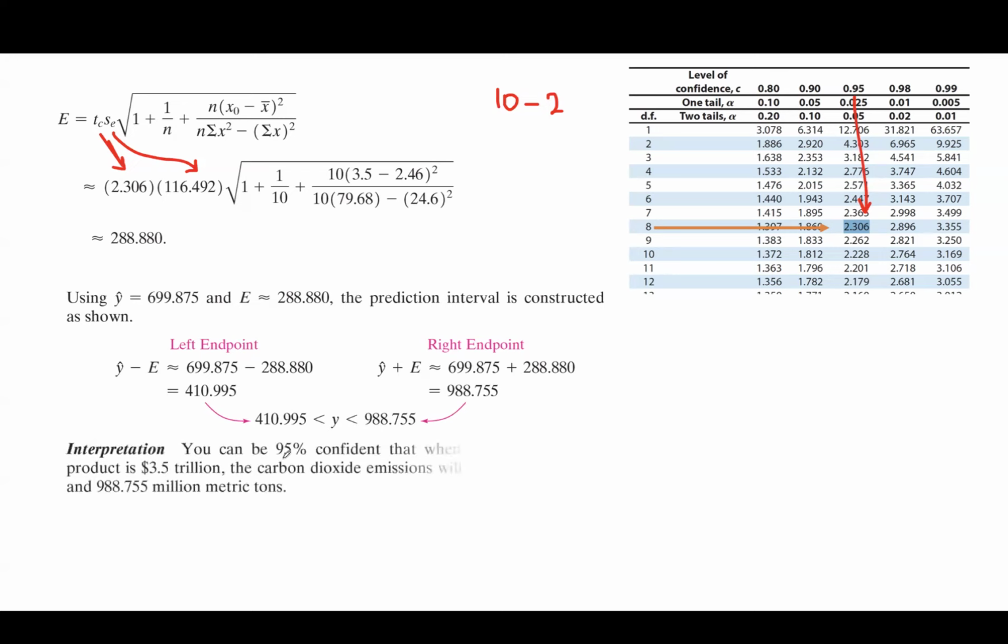We can say that we are 95% confident that when the gross domestic product is 3.5 trillion dollars, the carbon dioxide emission will be between 410 and 988 million metric tons. After that, you can form a hypothesis test and check your hypothesis as well.